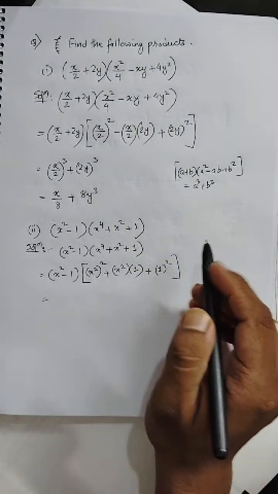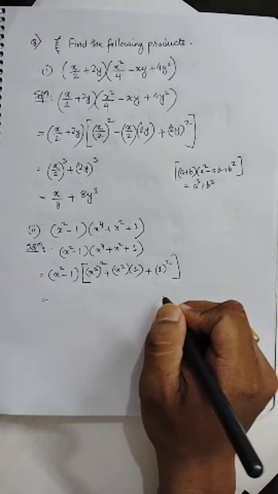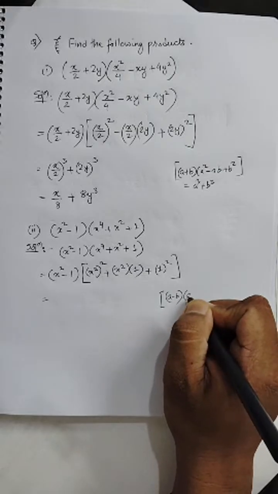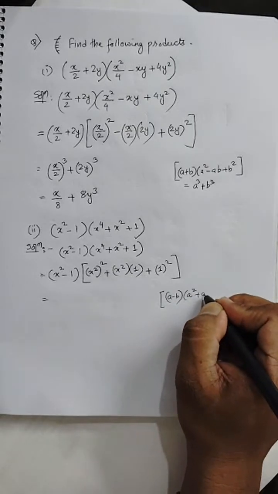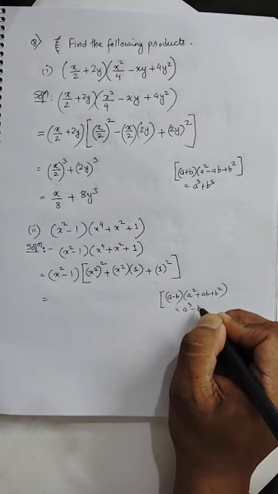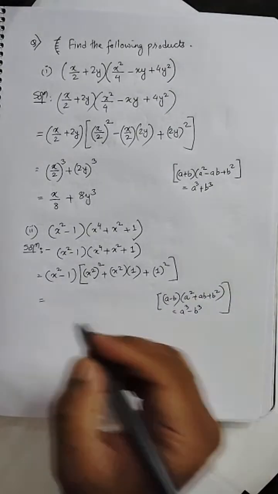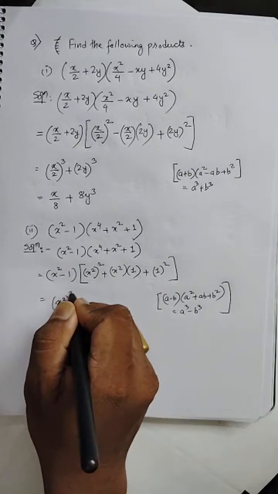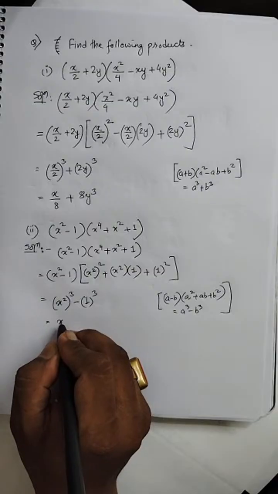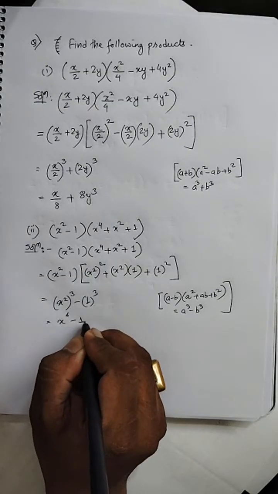So this is the a minus b identity: a minus b into a square plus ab plus b square is equal to a cube minus b cube. So this will become x square whole cube minus 1 whole cube, and our answer is x to the power 6 minus 1.